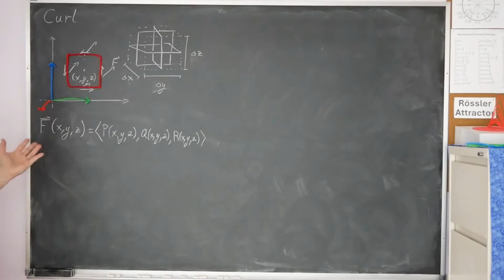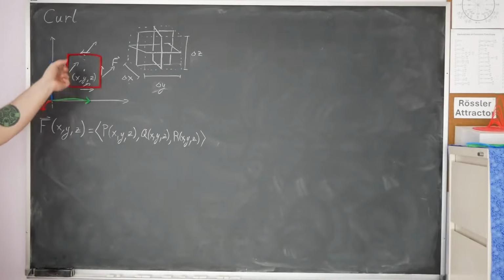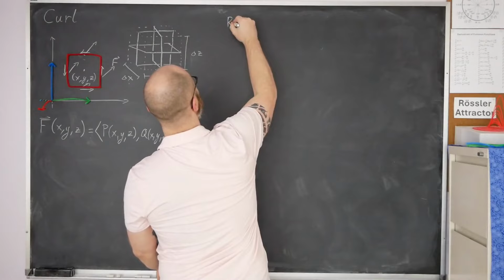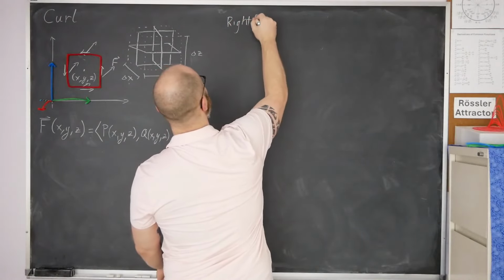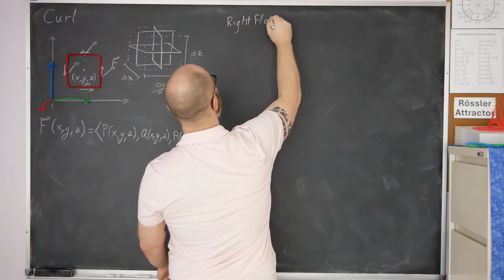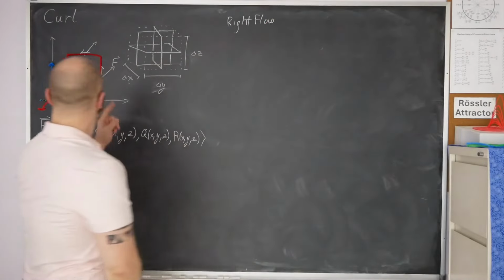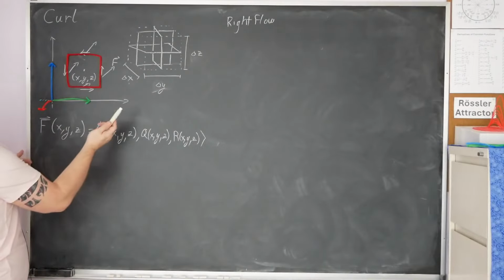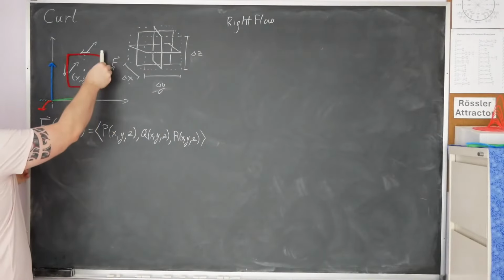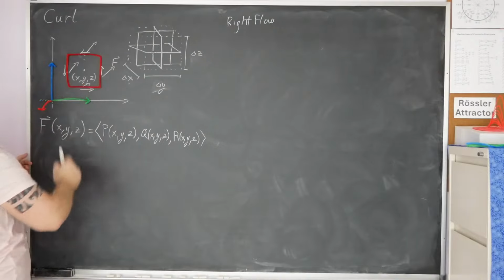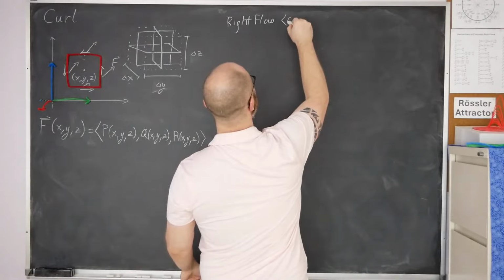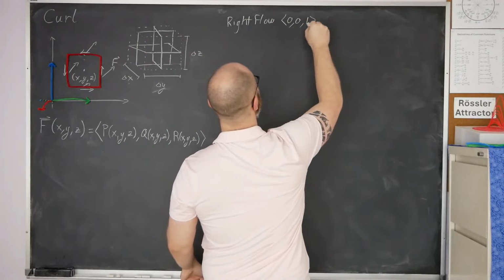All right, so let's go ahead and do this. We've got the right and the left and the top and the bottom. So we've got the right flow. The unit vector pointing in the anti-clockwise flow for this side has 3 components now. It's pointing up in the z direction, so the x and y components are going to be 0. So it's 0, 0, 1.